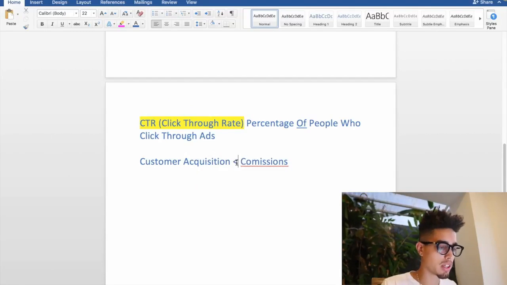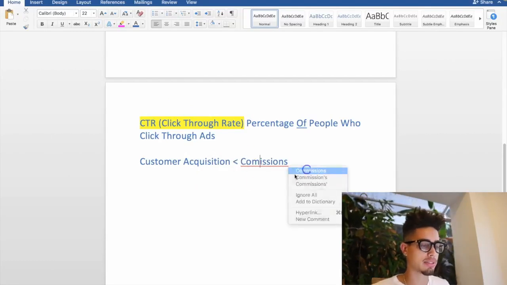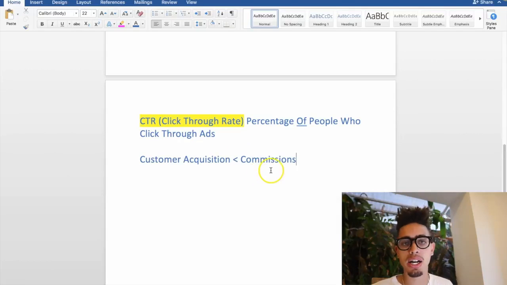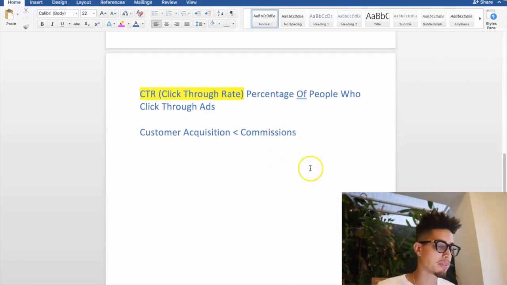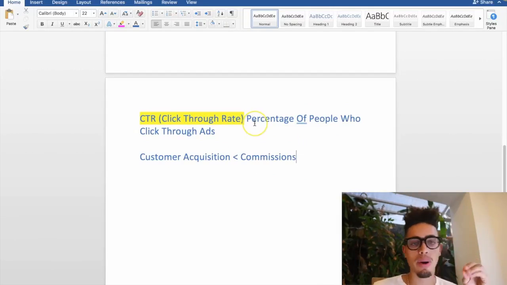You want to make sure your customer acquisition, meaning the cost to acquire a customer, is much lower than the commission that you're actually being paid. And the way that we do this is with click-through rate, and that's where advertisement comes into play, and that's where you want to master advertisement.